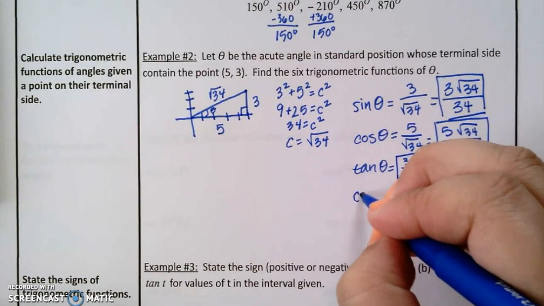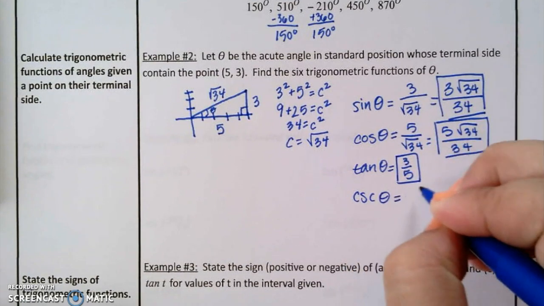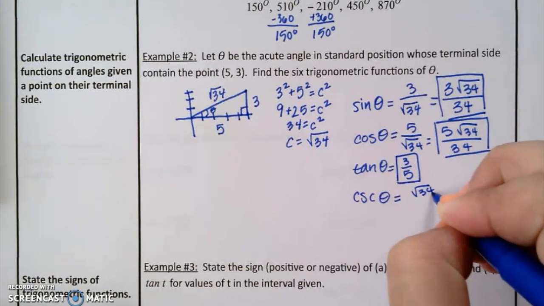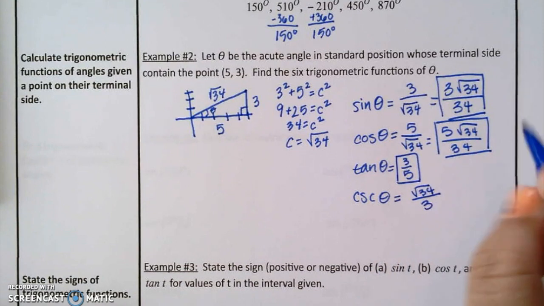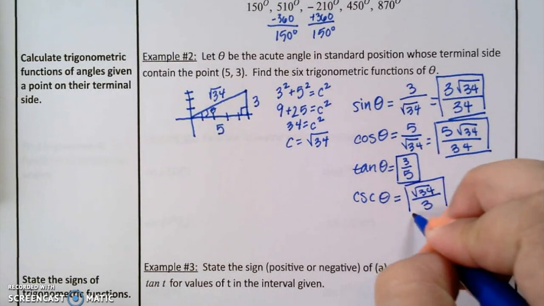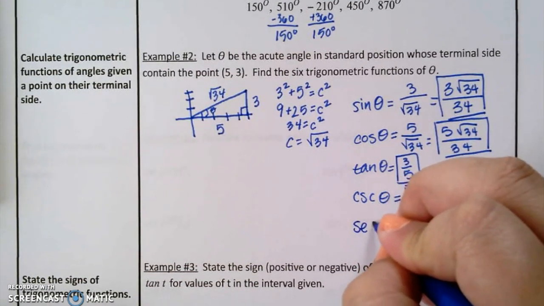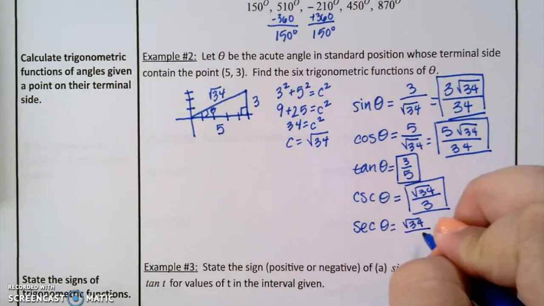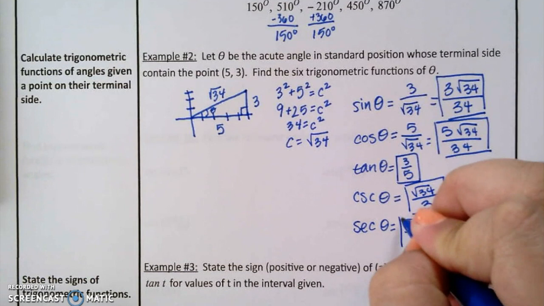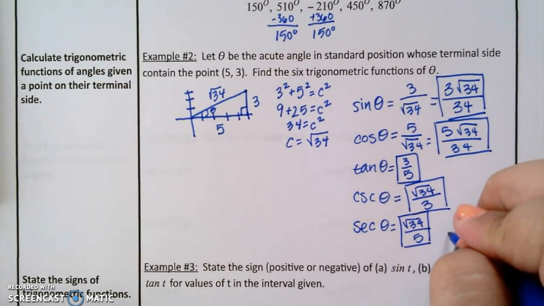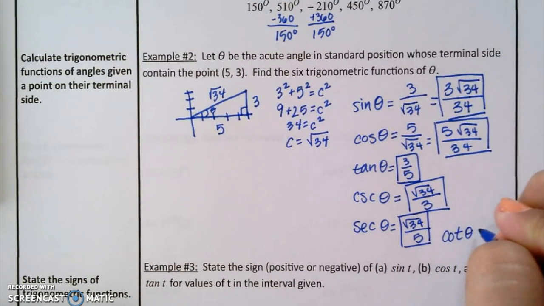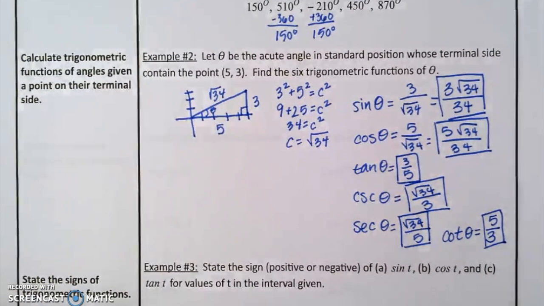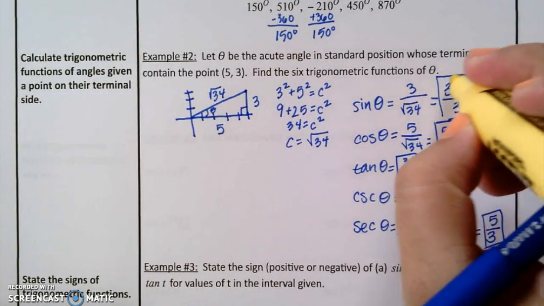Then we have cosecant of theta, which is the hypotenuse divided by opposite, which is already rationalized. We have secant of theta, which is the hypotenuse divided by adjacent. And we have cotangent of theta, which is adjacent divided by opposite. And these are your final answers.